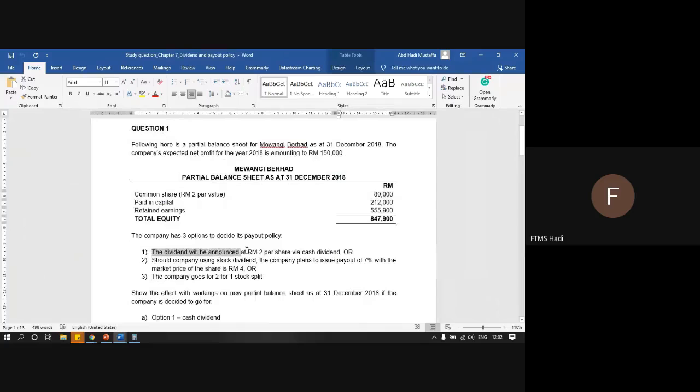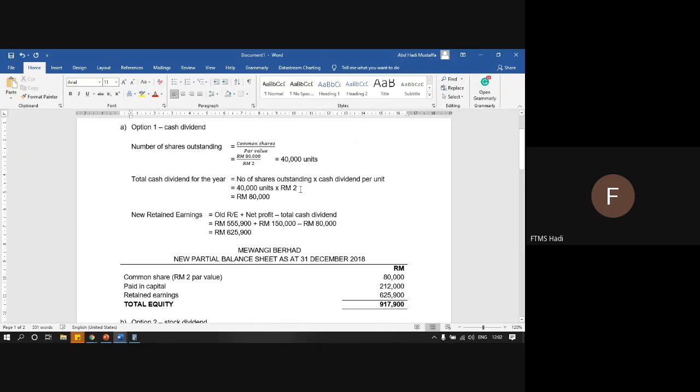The dividend will be announced at 2 ringgit per share via cash dividend. So if you press the calculator, 40,000 units multiplied by 2 ringgit is 80,000. That is the amount the company has to pay out to the major and minor shareholders, in terms of cash.